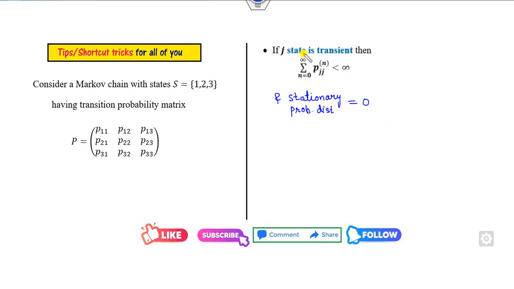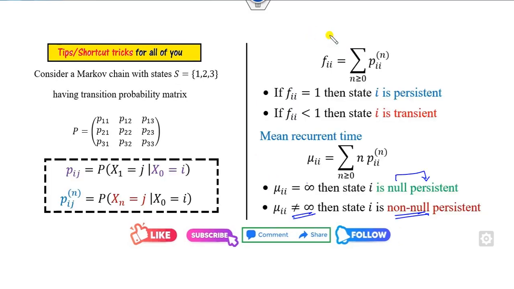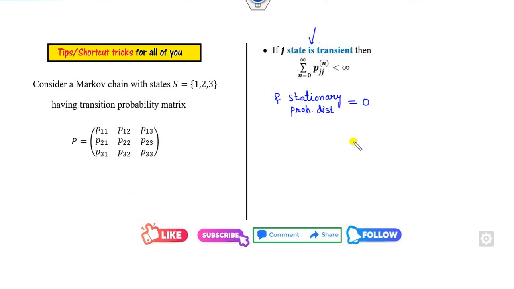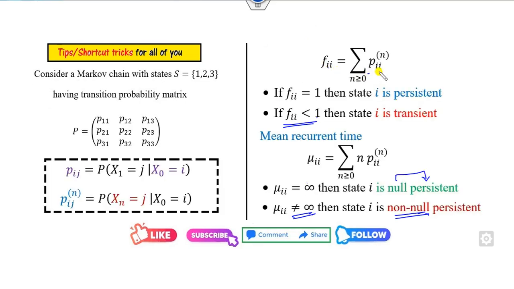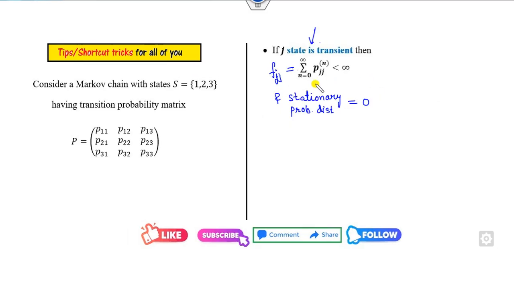Another thing: when you prove that the state is transient, that means whenever Fii is less than 1, then the stationary probability distribution is always 0. The definition of this is Fii with respect to i; if it is j, then it is Fjj. Remember that the stationary probability is 0 for the transient state.